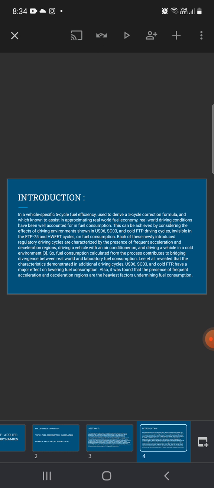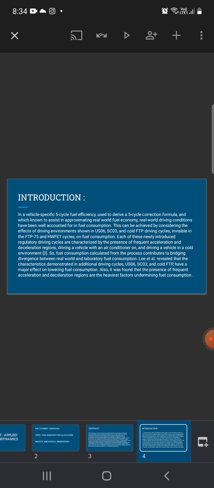Each of these newly introduced regulatory driving cycles is characterized by the presence of frequent acceleration and deceleration regions, driving in a vehicle with the air conditioner on, and driving a vehicle in a cold environment.